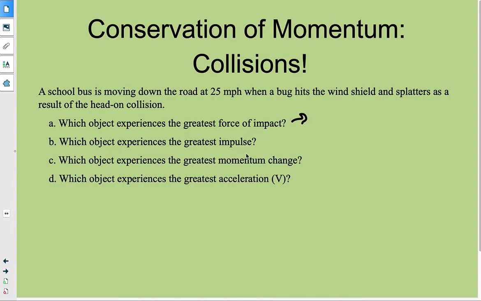Okay. Now, I thought I took this one out. I'm sorry. We haven't talked about impulse yet, so we can't answer that one. We're going to do that next. But which would experience the greater momentum change?